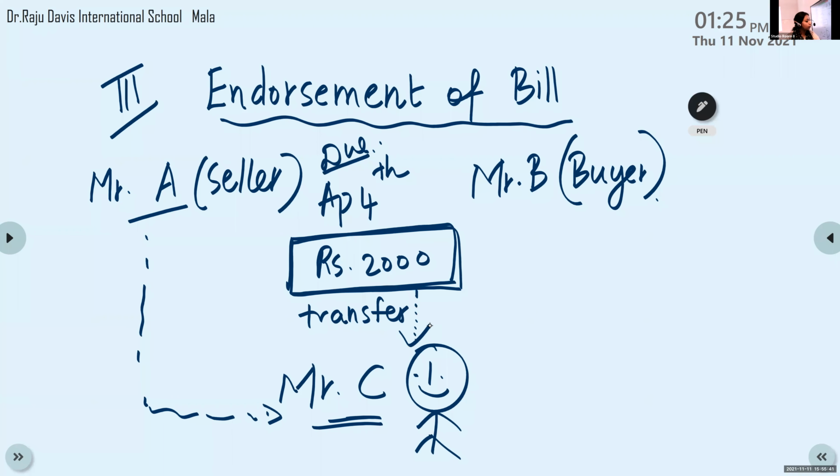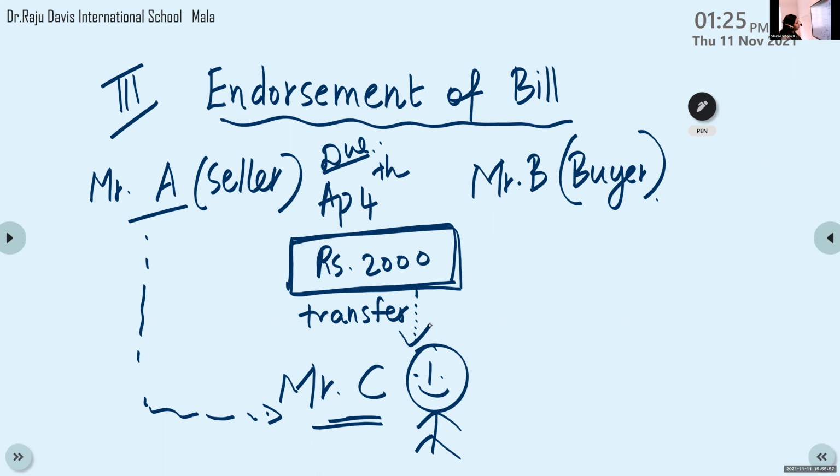On April 4th, you will get the payment of rupees 2000. Mr. A owes rupees 2000 to Mr. C. And B owes rupees 2000 to A.